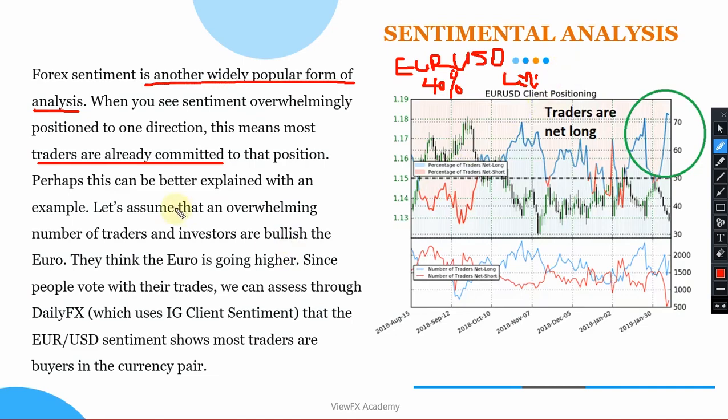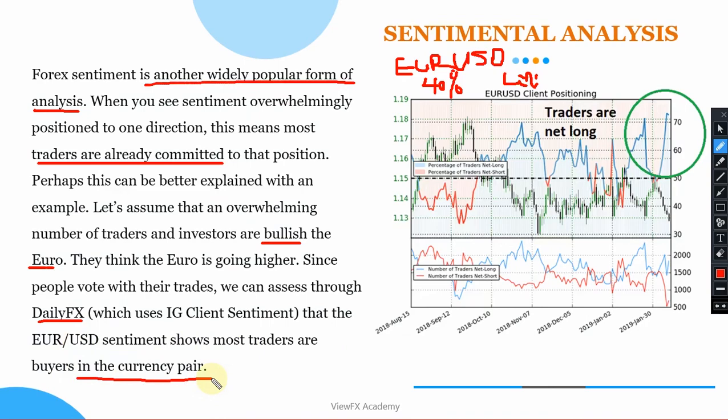So let's assume that an overwhelming number of traders and investors are bullish in the euro. They are buying the euro. They think the euro is going higher. So people vote with their trades. You can access this through some sites such as Daily FX. Euro USD sentiment shows most traders are buyers in the currency pair.